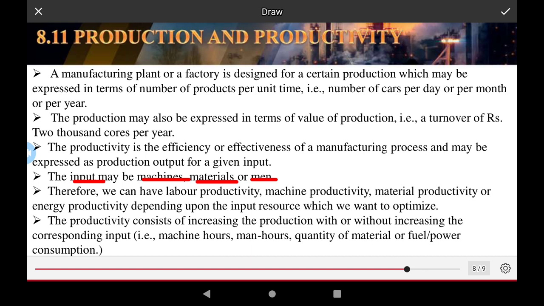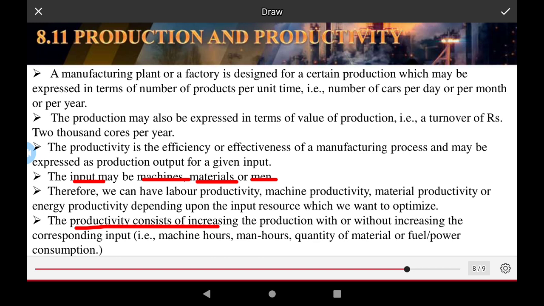Therefore, we can have productivity of machines, productivity of material, productivity of energy, and productivity of demand, out of the input resources which we want to optimize. Increasing productivity consists of increasing the production without increasing the corresponding input.